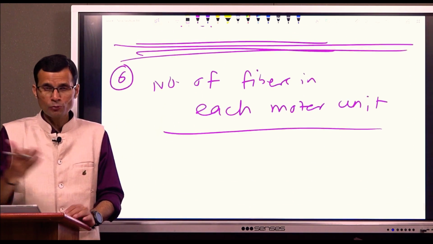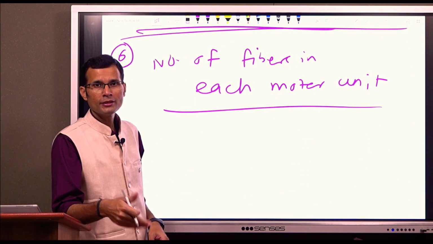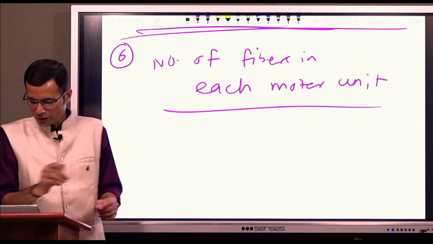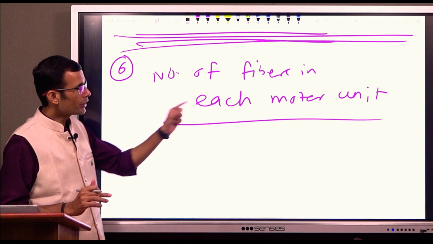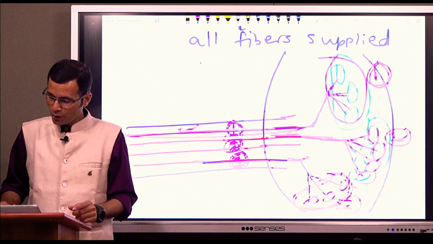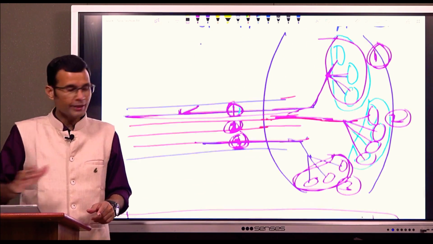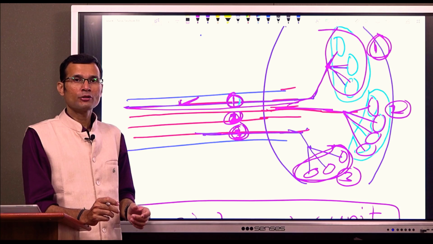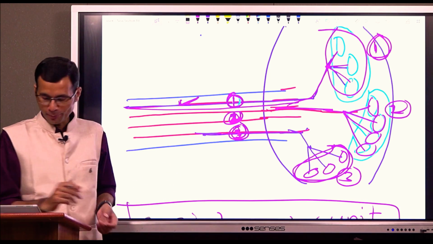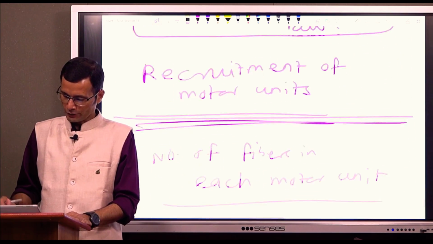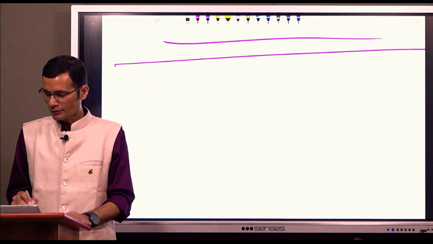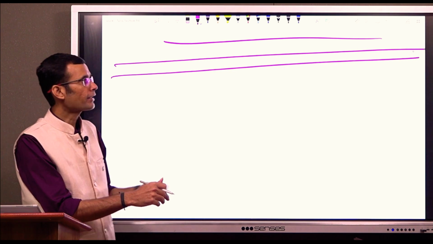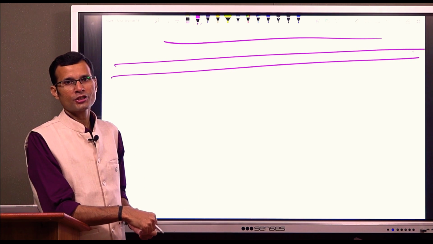That means contraction would obviously be stronger in the second muscle. So, number of fibers in each motor unit and number of such motor units in that muscle, these will govern the strength of contraction of a muscle. So, that was the summary of factors influencing strength of contraction of a muscle.